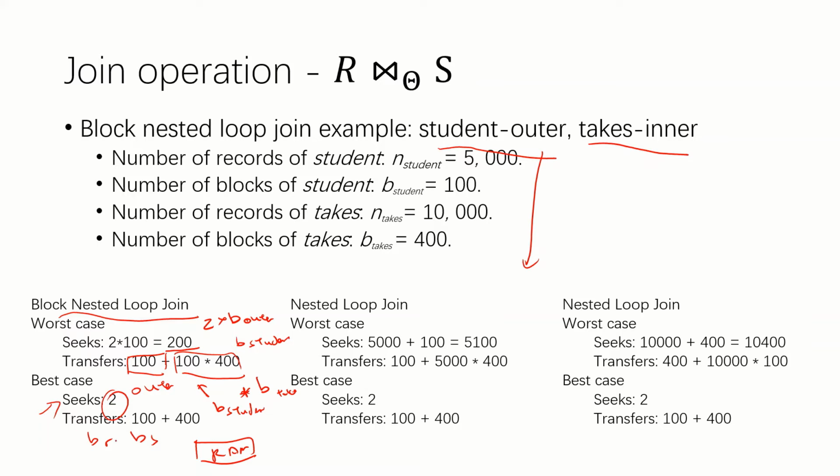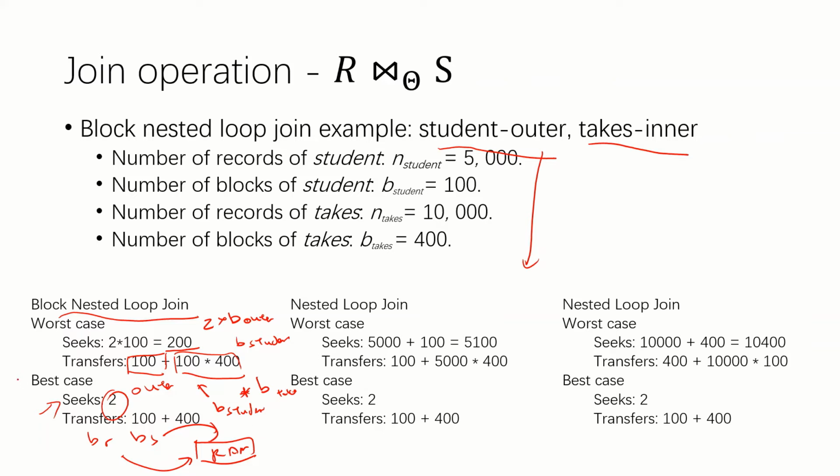And for my transfers, so I just need to transfer everything into my main memory one time for my outer loop, and also for my inner one, I transfer everything into my main at the same time. So notice that I don't need to do any more disk accesses or any extra transfers, because everything is in fact transferred into my main memory. Okay, so we are good here.